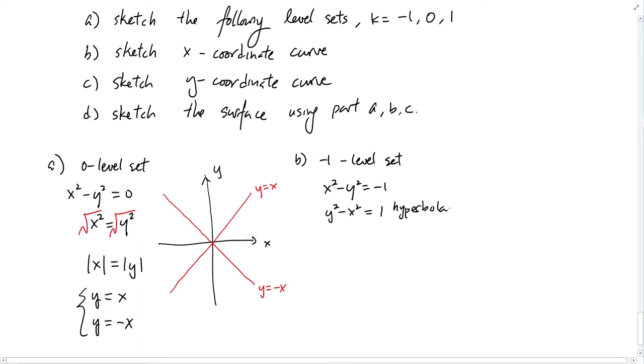What is a hyperbola? It's basically two parabolas kind of opposite of each other. So in this case, because it's y squared minus x squared, it gives you a hyperbola that opens up and down.